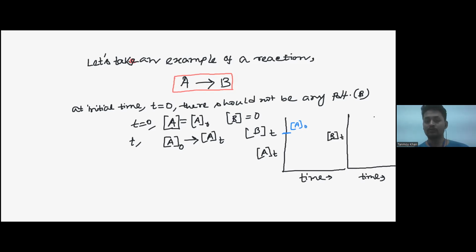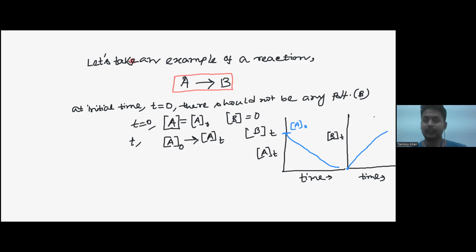And with time, this should decrease, and eventually it should be zero. Don't think about any kind of order, but the normal trend of the concentration of the reactant with time should be decreasing. And similarly, at time 0 there will be no product B, but with time it should increase in a similar fashion. So the reactant will decrease and the product will increase.